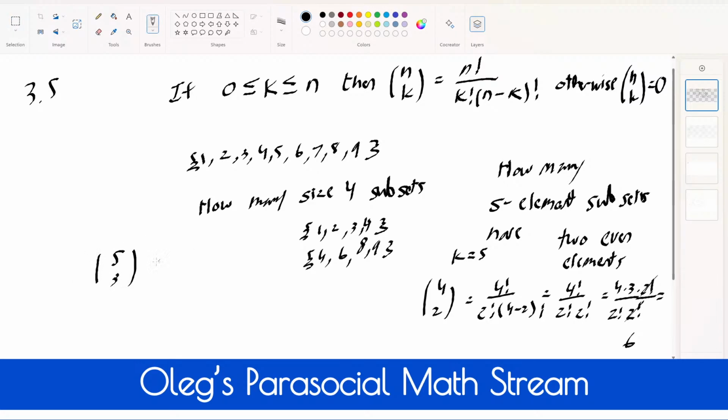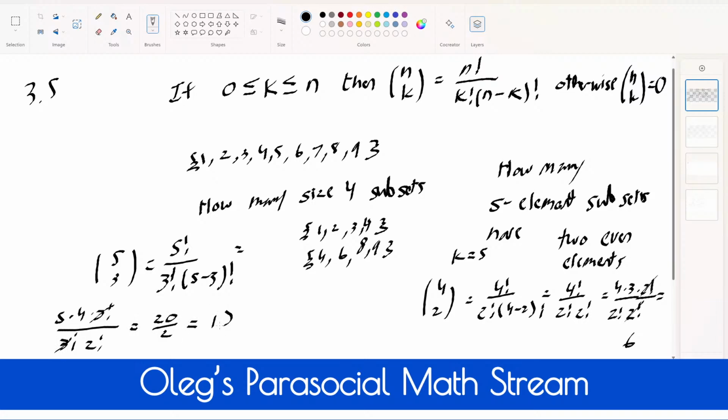So we're going to say now 5 choose 3 to figure out the odd half of it. 5 choose 3. So that's going to be 5 factorial over 3 factorial times 5 minus 3 factorial. All right, and that comes out to 5 times 4 times 3 factorial over 3 factorial times 2 factorial. Scratch the 3 factorials, which is equal to 20 over 2, which is equal to 10.